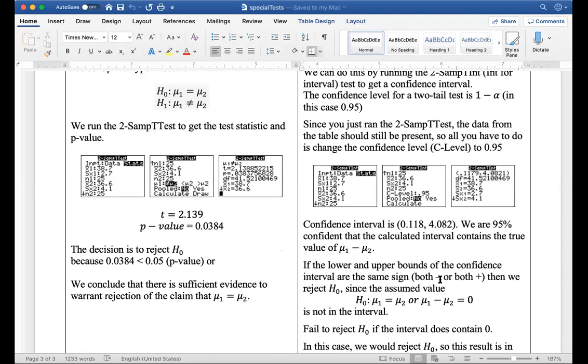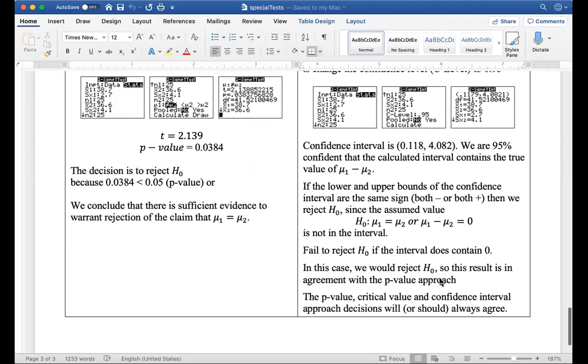And if they're both positive, then we're 95% confident that the positive interval contains the true parameter, in which case, in those two cases, 0 is not in there. So we will reject the claim, or we'll reject the H0, which says that it is 0.